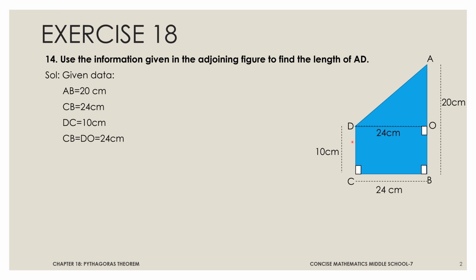Then in the same case, if DC is 10 centimeter, then surely OB is going to be 10 centimeter, right? So DC is equal to OB. These both should be of the same length, and these both lines, that is DO and CB, will also be the same length, 24. Now we got these both.